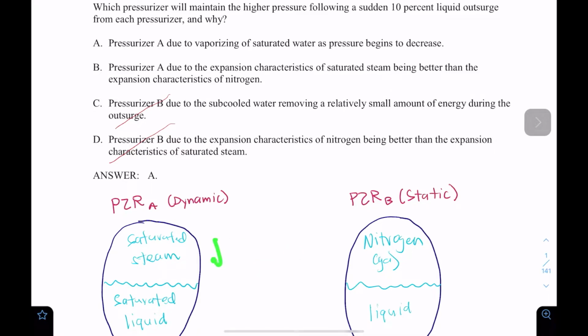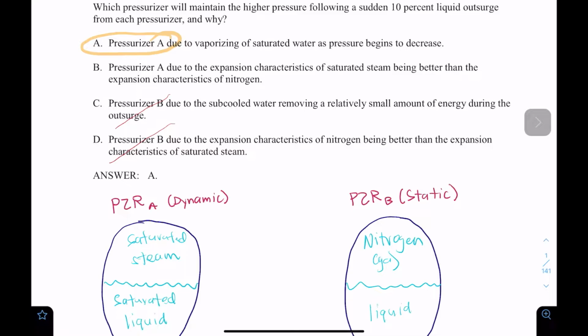The average temperature of the reactor coolant system is going to decrease. That creates a decrease in pressure, and that gives us an outsurge. That's the definition of the outsurge, right? So pressure begins to decrease. That seems accurate to me. And because of that, yes, we have evaporating of saturated water as the pressure begins to decrease. So to me, this seems like an answer that I need to consider.